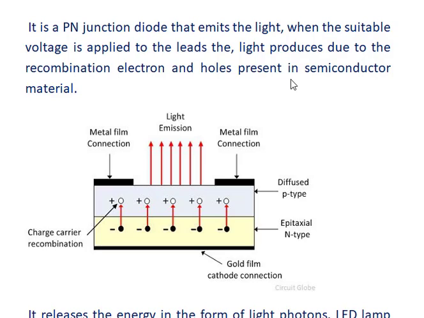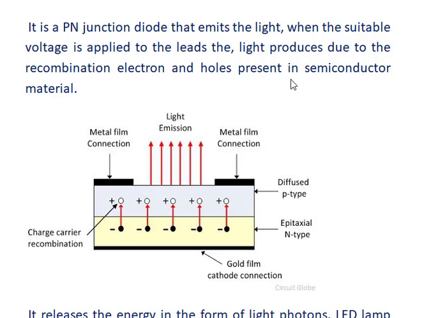So silicon and germanium are not usually used to construct light emitting diodes. Here gallium arsenide is used.